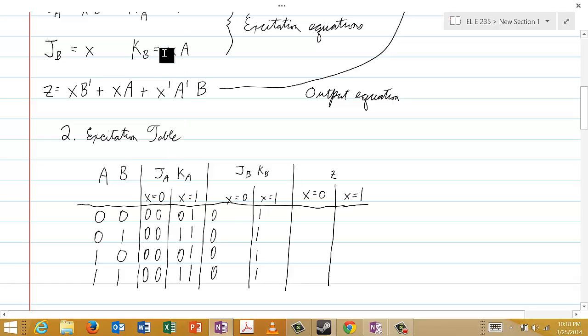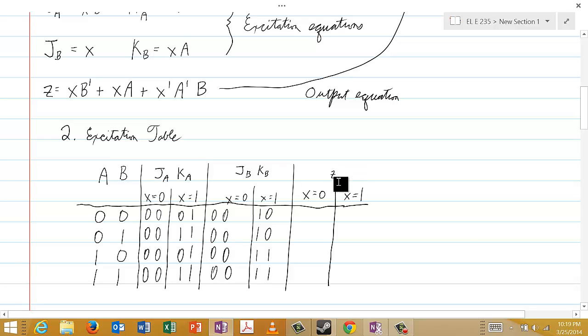Well, KB is equal to X ANDed with A, and so since X is 0, we have 0 for the values of KB in this column, and here in this second column, when X is equal to 1, 1 ANDed with A is A, so KB is equal to A, and therefore we have 0, 0, 1, 1.